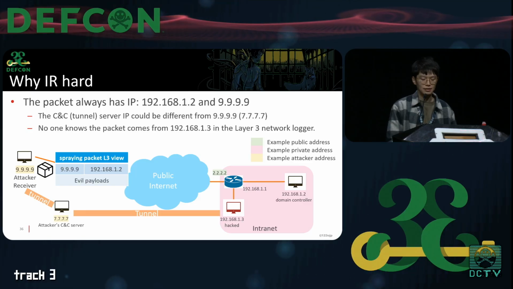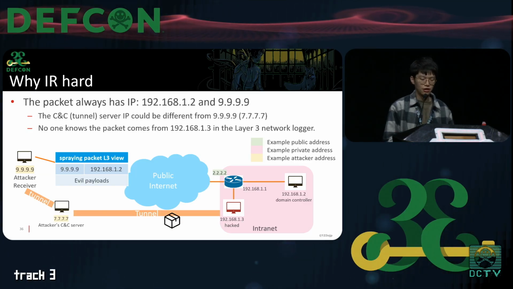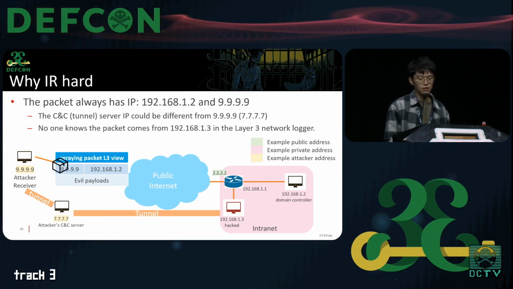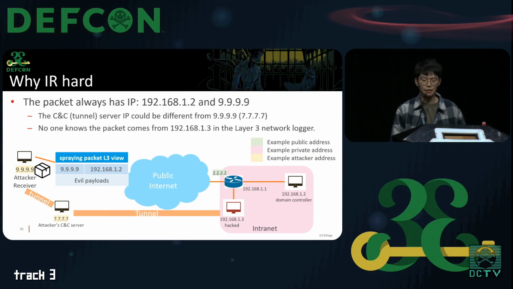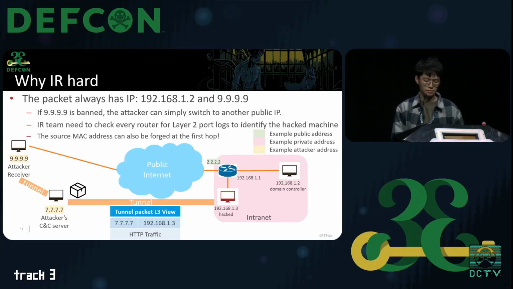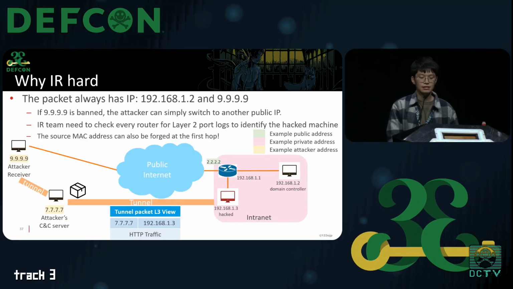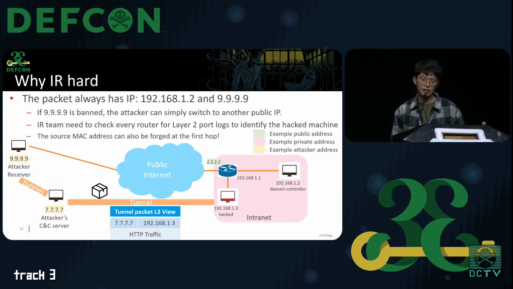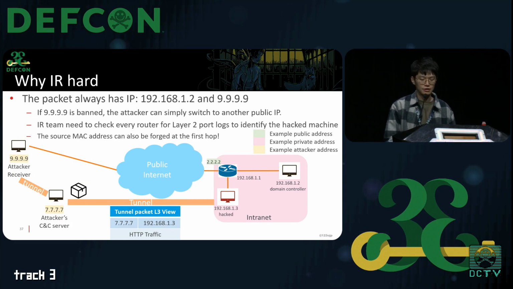Overlooking the attack path, the malicious packet's source and destination IPs only show 9.9.9.9 and the private IP .1.2. Thus, no one will know the previous compromised machine is .1.3. On the other hand, the tunneled IP is HTTP traffic with a source IP of 7.7.7.7.